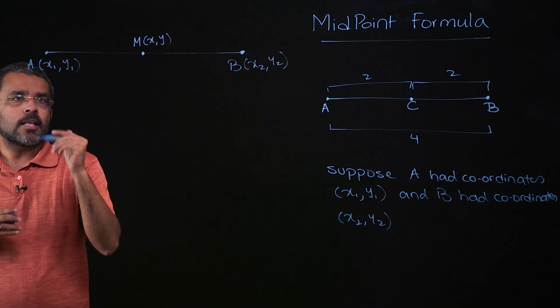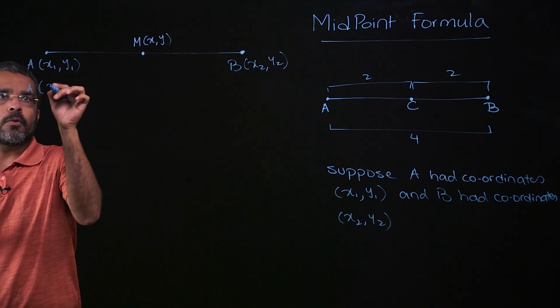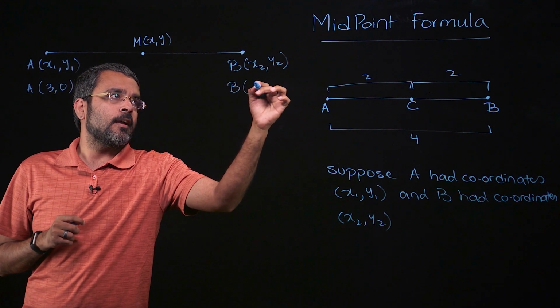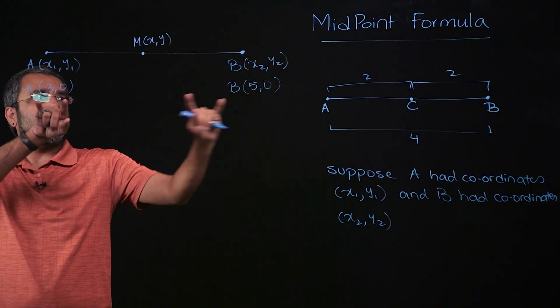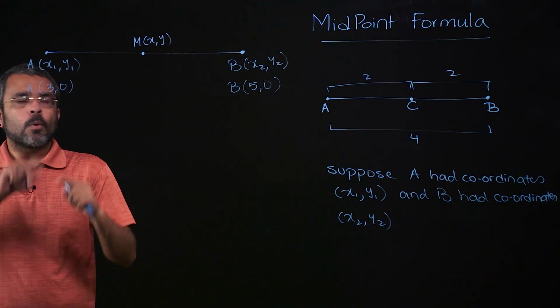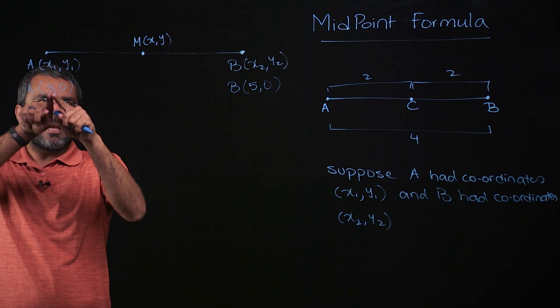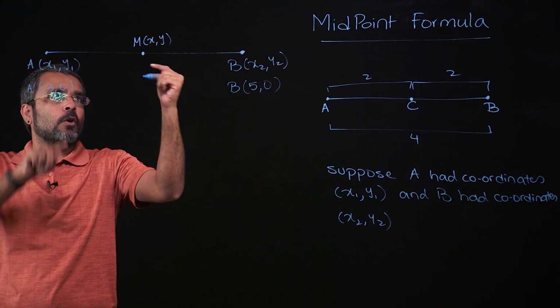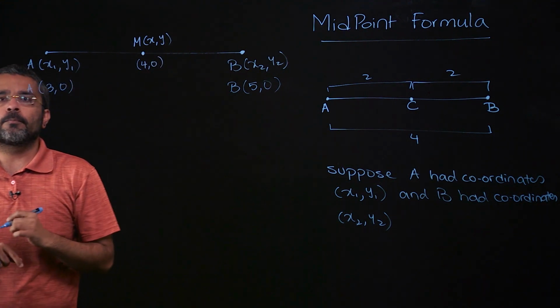Think about what if A was 3, 0, and B was 5, 0, and I want to find the midpoint of these two points. Pretty easily, you could say the number exactly halfway between 3 and 5 is 4, so the midpoint would be 4, 0.